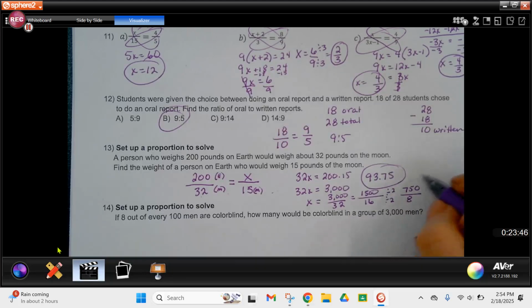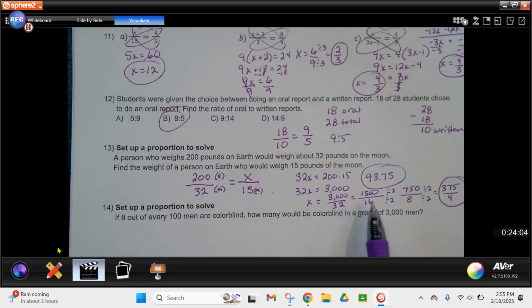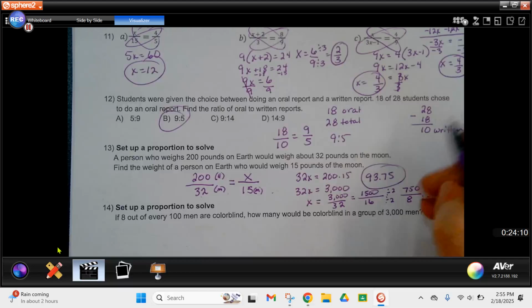I can divide again by 2, so that's 375 divided by 4, and I think that's it. I don't think we can go any further to simplify that, and we get the same. So you can write it as a fraction, but keep dividing by 2 when they're even so that you get down to something that isn't simplifiable. Either one of these is fine.